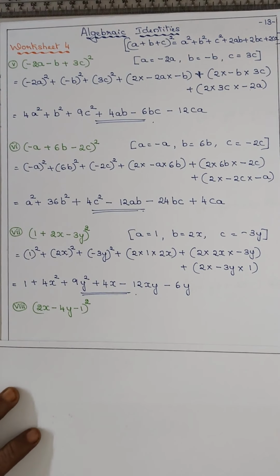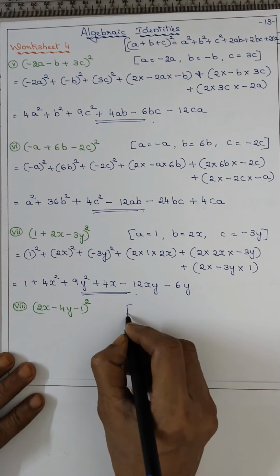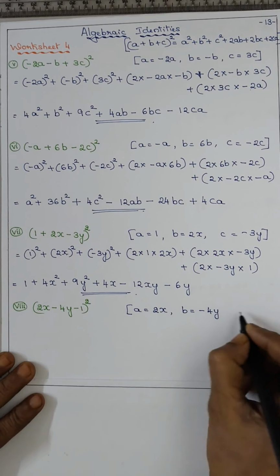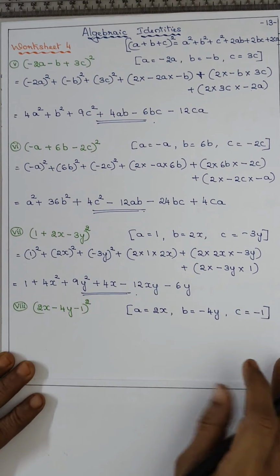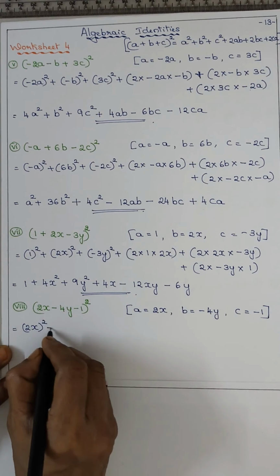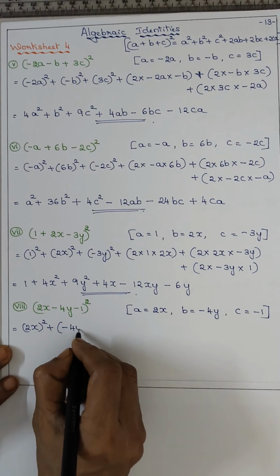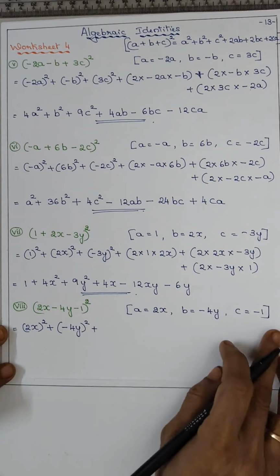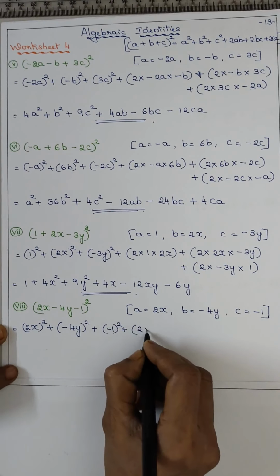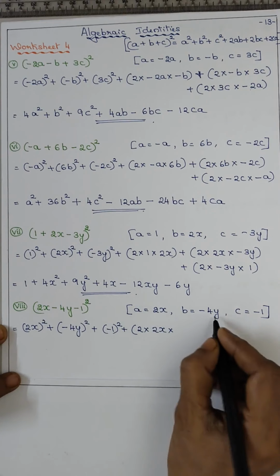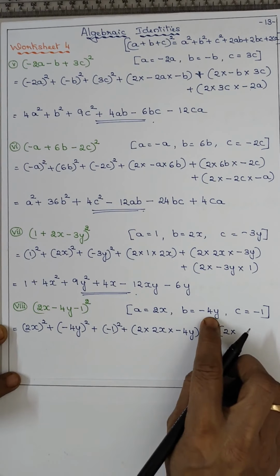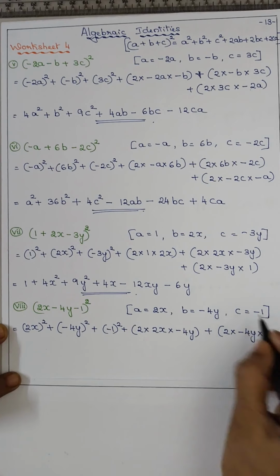Now coming to the 8th sum, it is a is equal to 2x, b is equal to minus 4y, c is equal to minus 1. a square is (2x) the whole square, b is (minus 4y) the whole square, c is (minus 1) the whole square, 2ab, 2, a is 2x, b is minus 4y, plus 2bc, 2, b is minus 4y, c is minus 1.